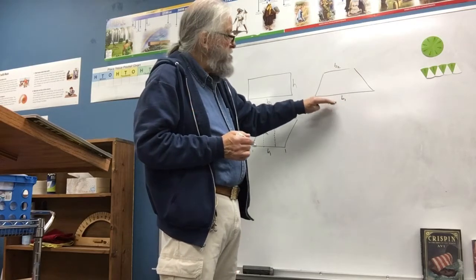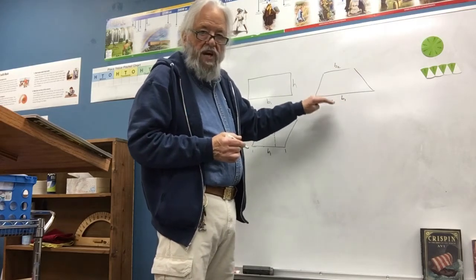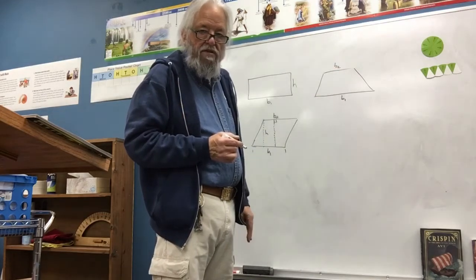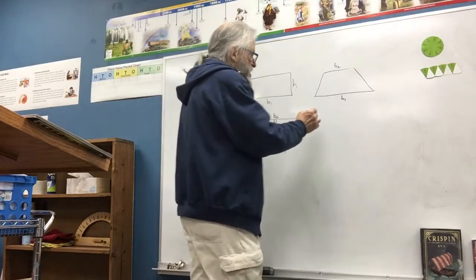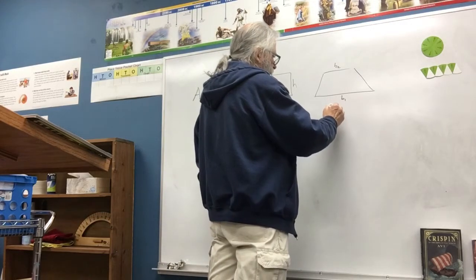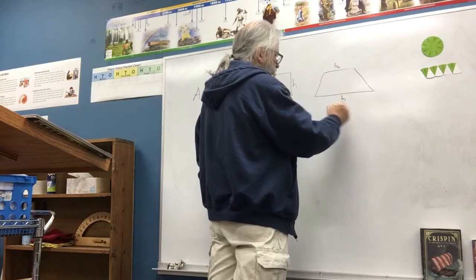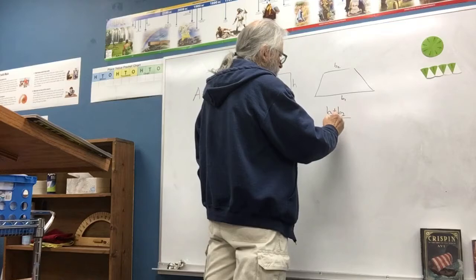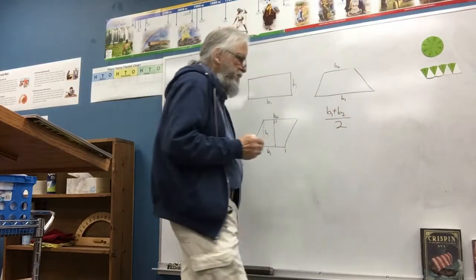So what we actually have to do here is we have to get the average of the two bases. Okay? So think about how you do an average. You add the number of things together that you're averaging, and then you divide that by the number of things you're averaging.